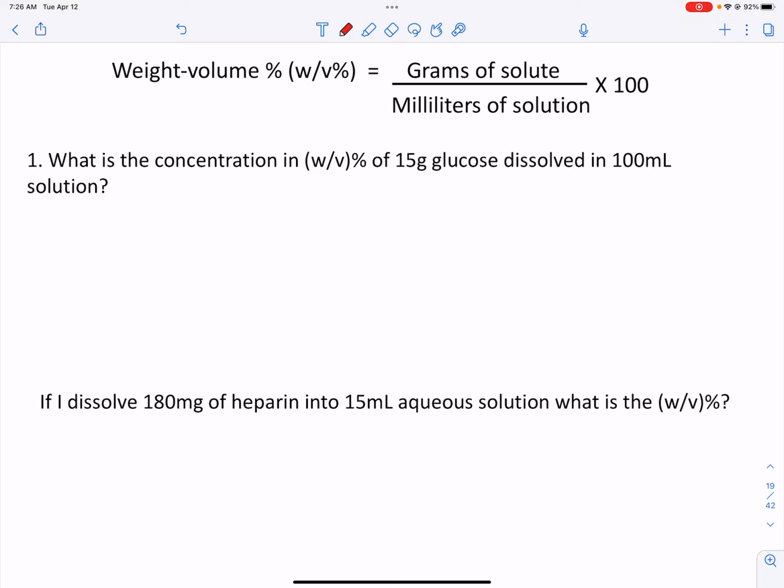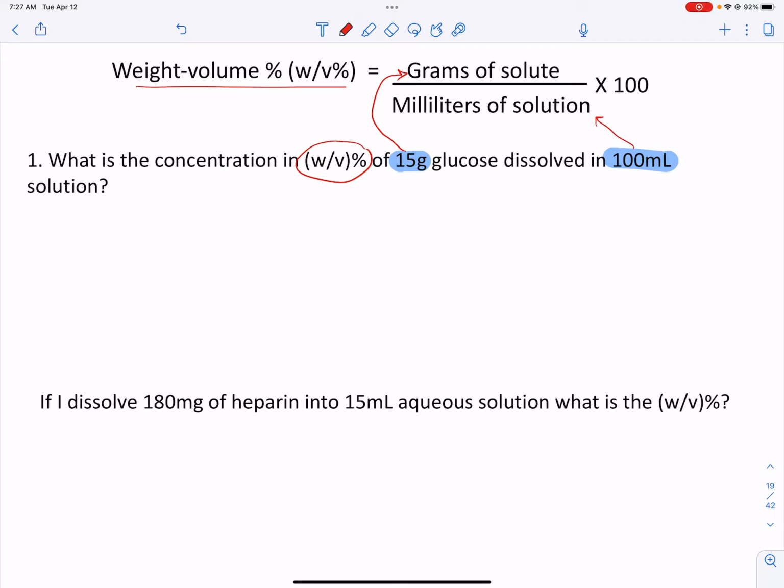Okay, so this first problem says, what is the concentration in weight volume percent of 15 grams of glucose dissolved in a 100 milliliter solution? So we are searching for the weight volume percent, and we're going to plug in the 15 grams of glucose for grams of solute. And then we're going to plug in 100 milliliters of solution and see what we get.